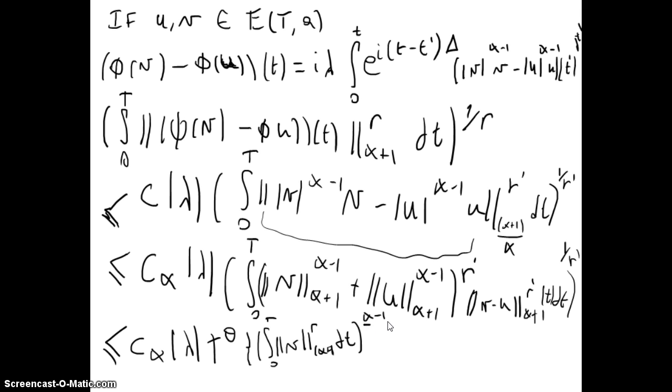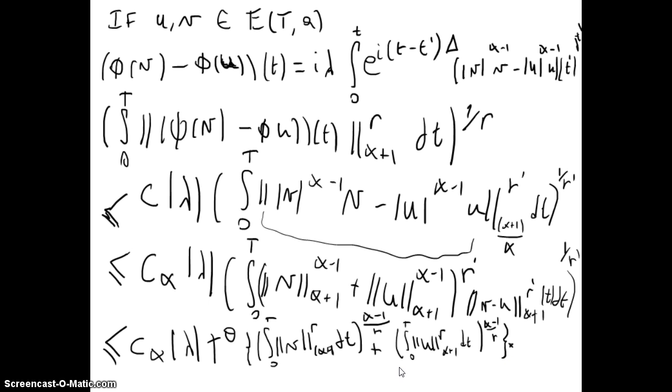It's going to be alpha minus 1 r, plus, well, now we'll have the same, but for u, alpha plus 1 dt, alpha minus 1 r. Okay, and multiply this by a factor.